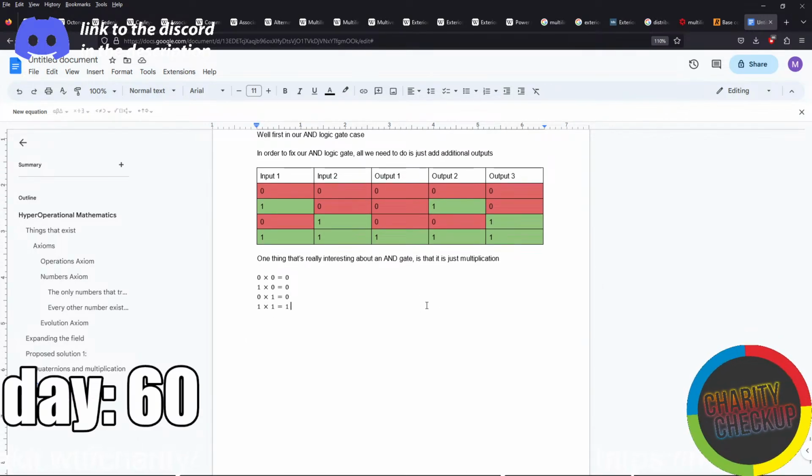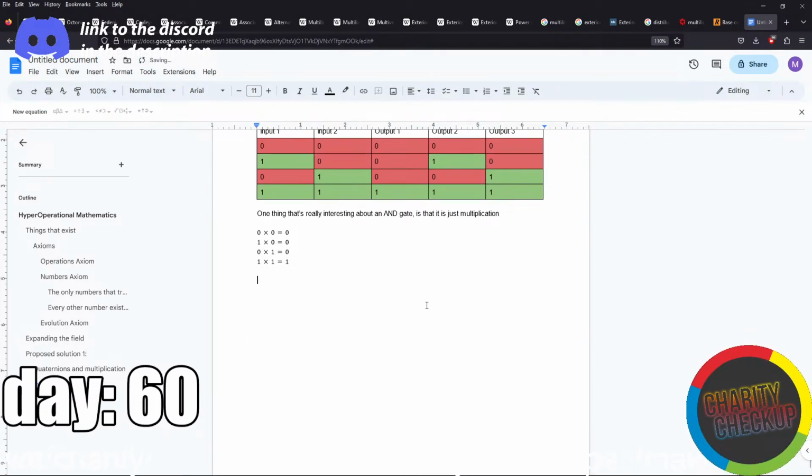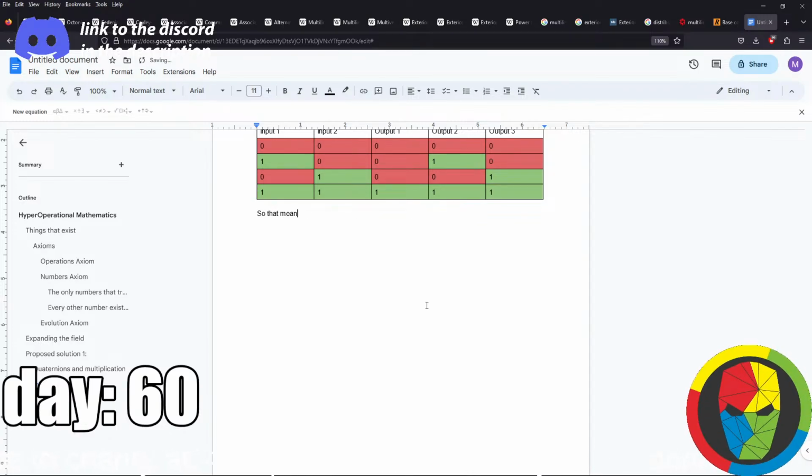So we could. I don't think that this is actually that important. So that means we would need to store.